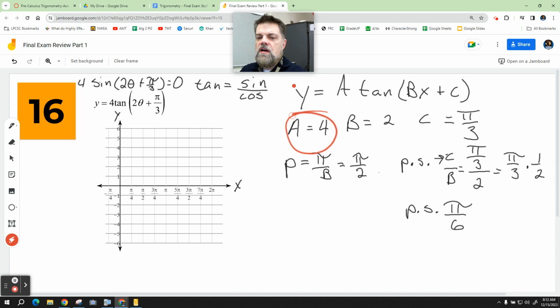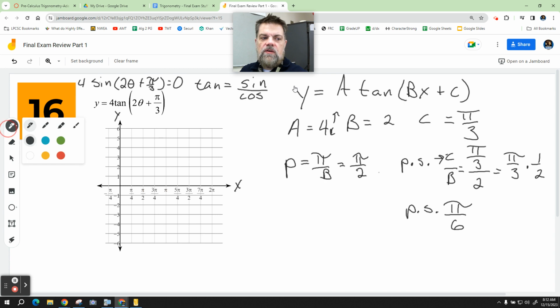The 4 is going to stretch that bad boy vertically. Okay, so now the lines are going to be less curvy. Also, this is going to shift it a little bit. All right, so the phase shift has an impact on where we shift it. But at the end of the day, you can graph it.